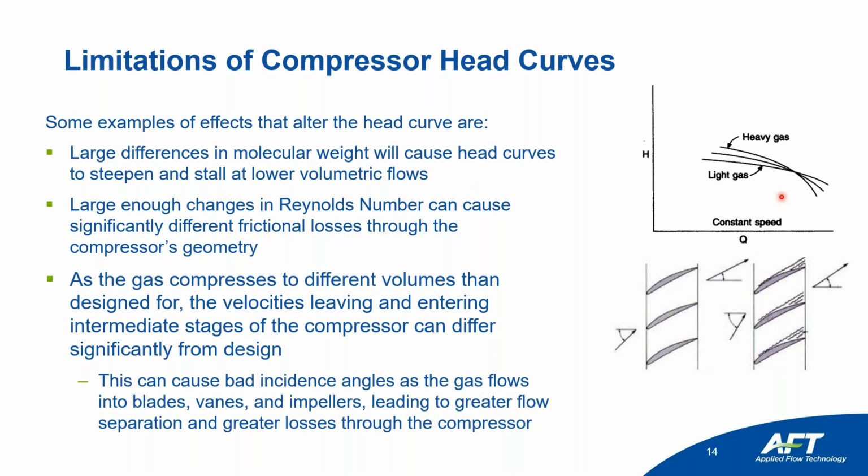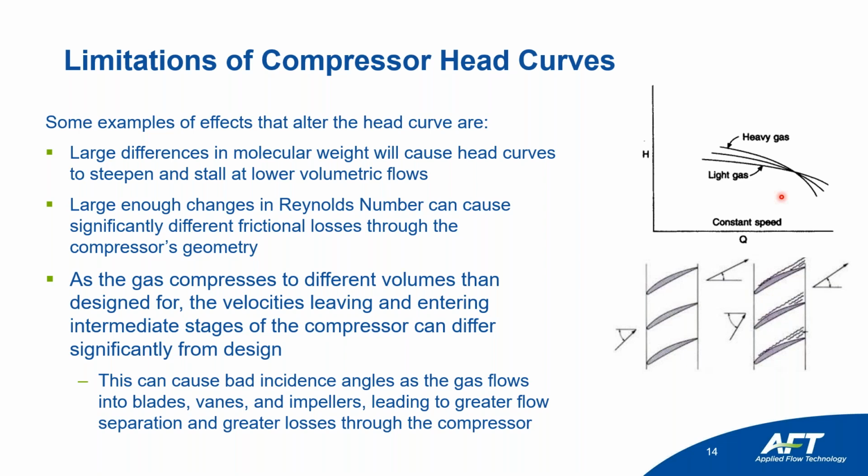Large enough changes in Reynolds number can cause significantly different frictional losses through the compressor's geometry as well. So its impeller, its casing, all that the fluid's flowing through, that still has frictional loss.